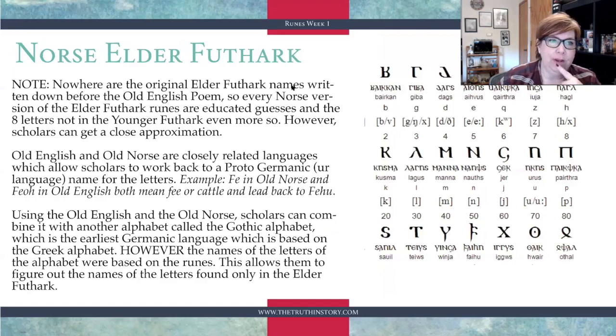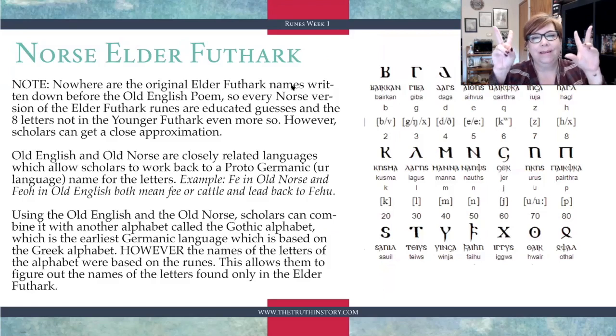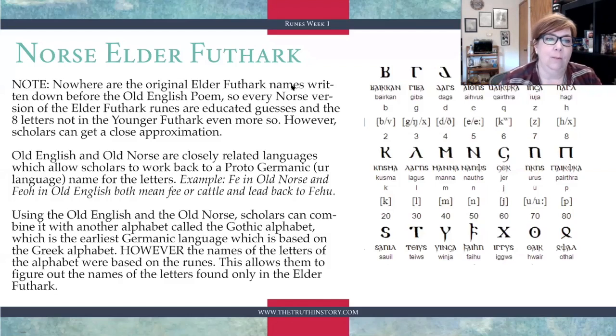This is an important point to note as well: the actual names. When you see a manuscript that has the shape of the rune right next to the rune poem, we actually don't have that for all of the runes. And so the names of the runes are often guesses of what they were called. We don't have them for all of them.